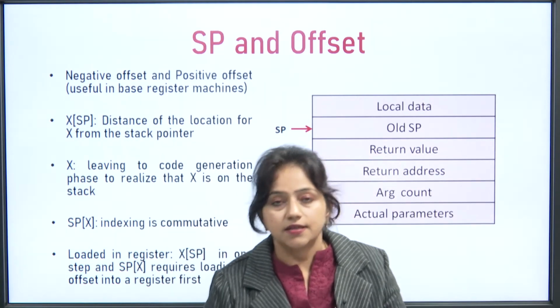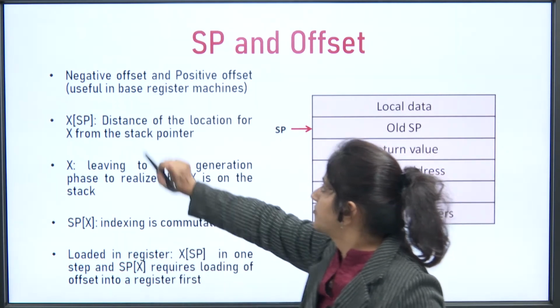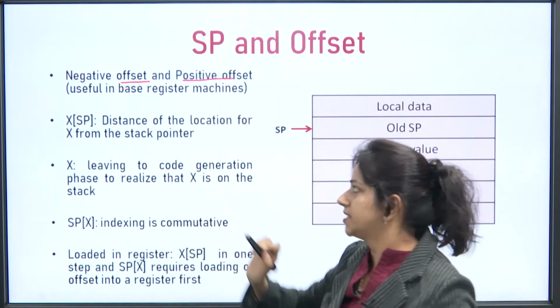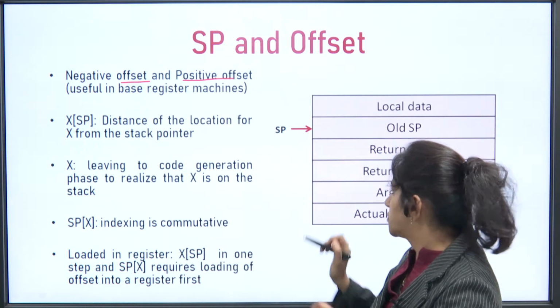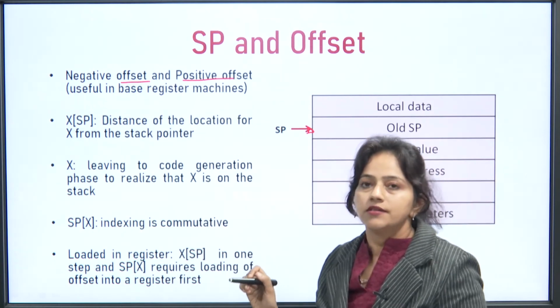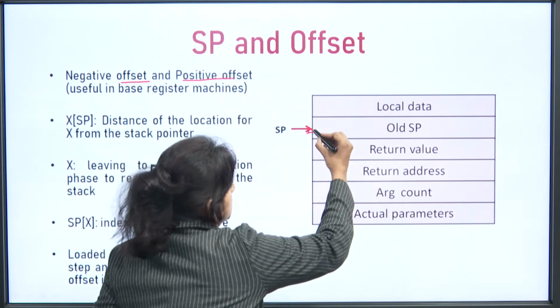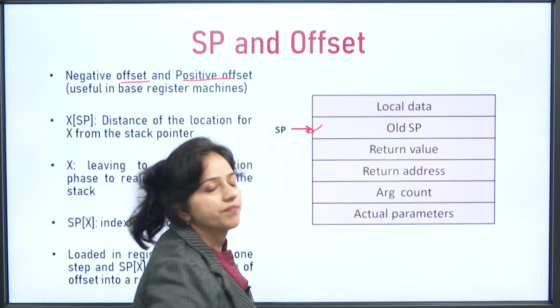Now, next is the stack pointer and the offset. So, stack pointer, negative offset and positive offset, what is the concept here? Generally the stack pointer initially points to the old pointer. So, if we want to fetch this particular record, then we can fetch it from this index.